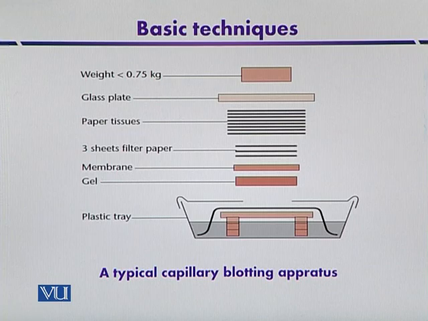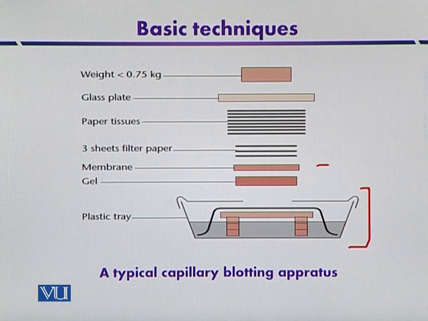This diagram shows a typical capillary blotting apparatus. So this is the reservoir, and of course, it contains buffer solution. The gel is in contact with this buffer, and above the gel, one can place the membrane, and this membrane is in contact with different types of filter papers or tissue papers, so that they can absorb the buffer.